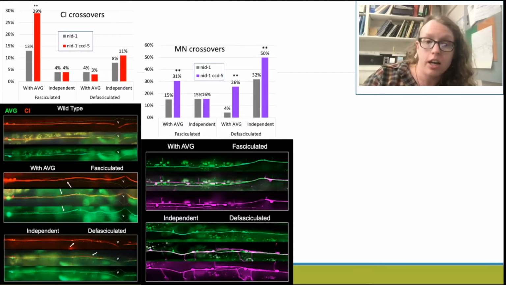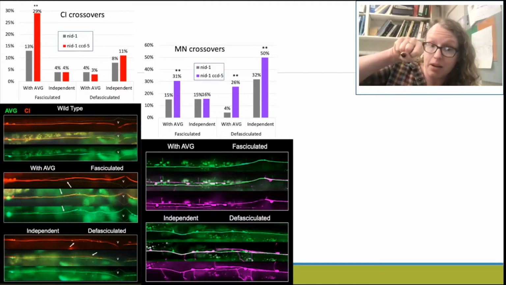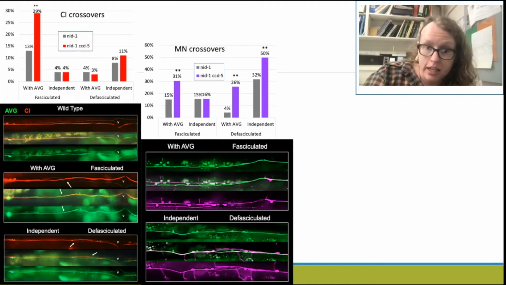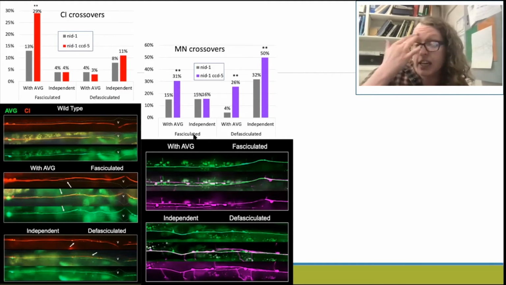So when you're talking about all of the motor neurons coming together like this, crossing with ABG, that's significant. But when it's fasciculated, there's no significant difference whether or not it crosses without ABG.